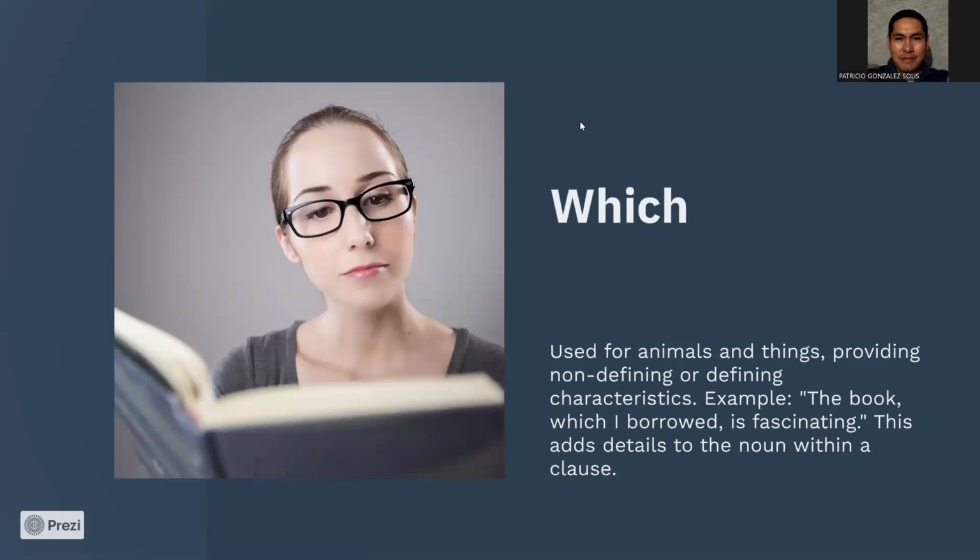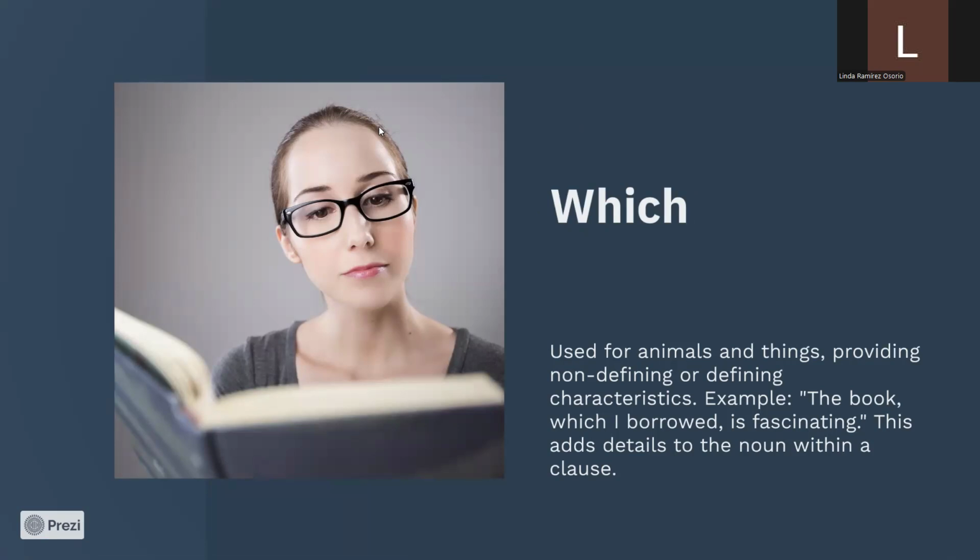Next, which. Maybe Linda, please. Which is used for animals and things, providing non-definite or definite characteristics. Example: the book which I borrowed is fascinating.